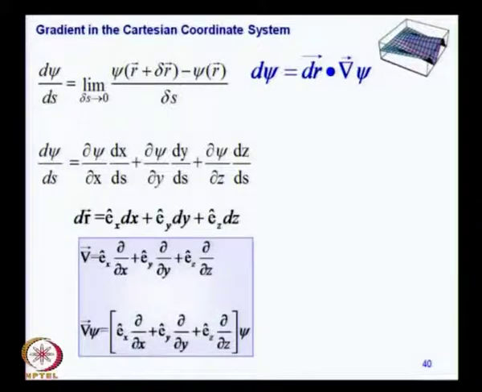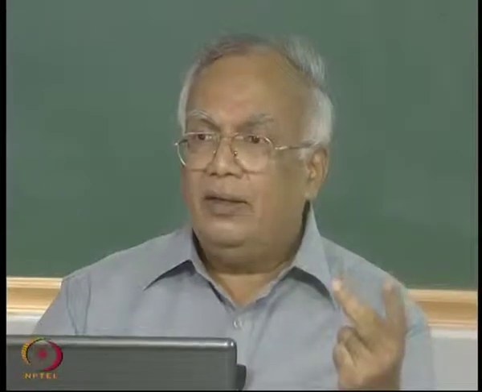So when we interpreted this sum in terms of a scalar product A dot B, with these coming as components of the displacement vector and these coming as components of the gradient vector, okay, we were led to this expression for the gradient operator, okay.